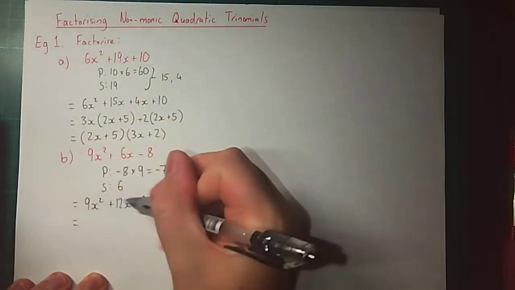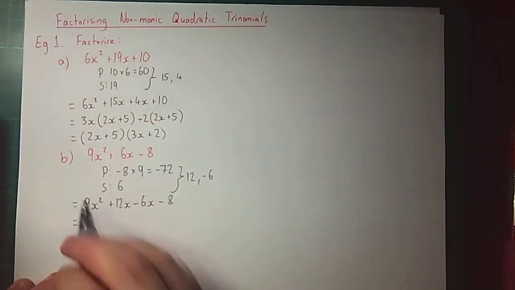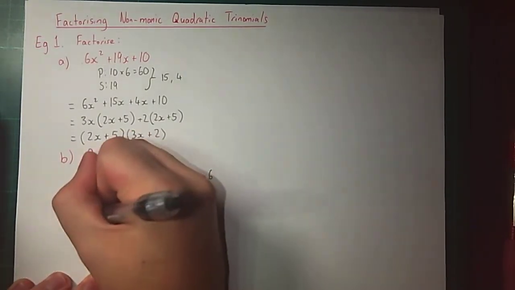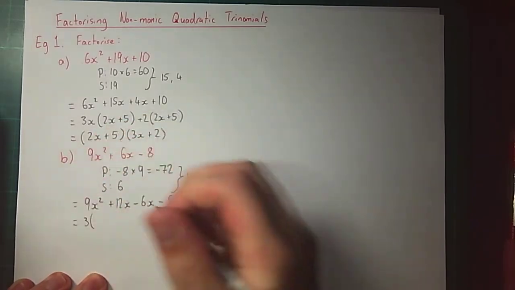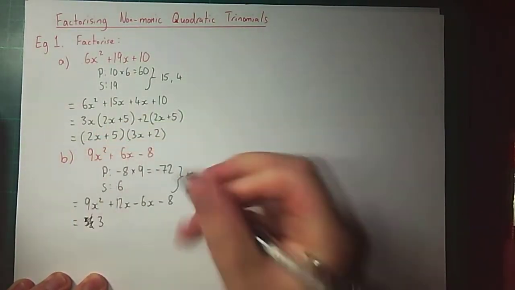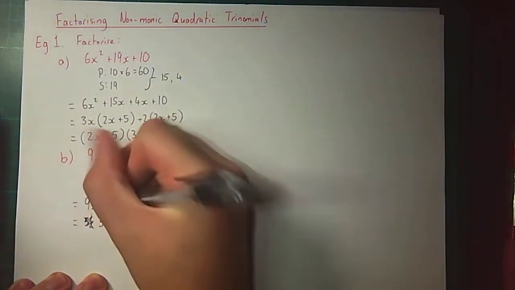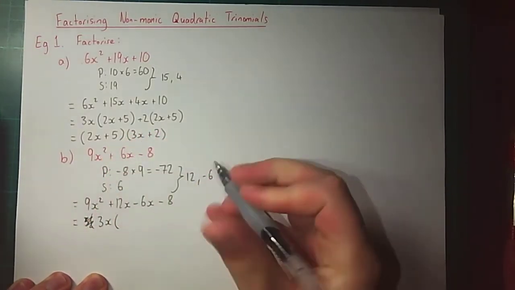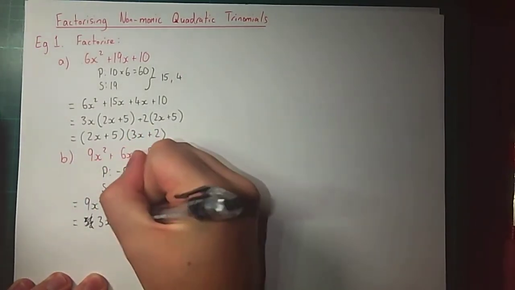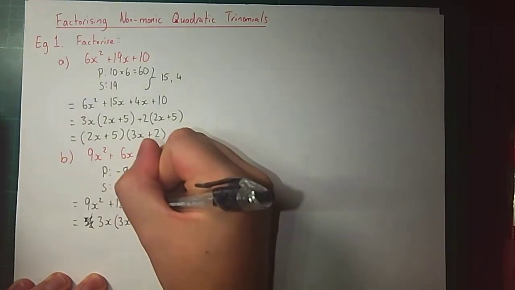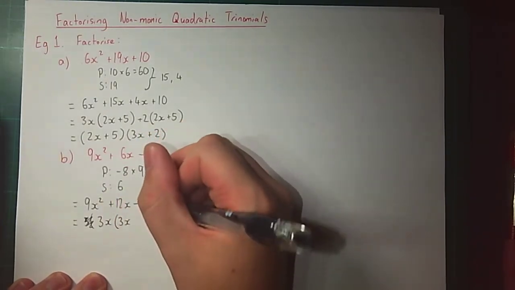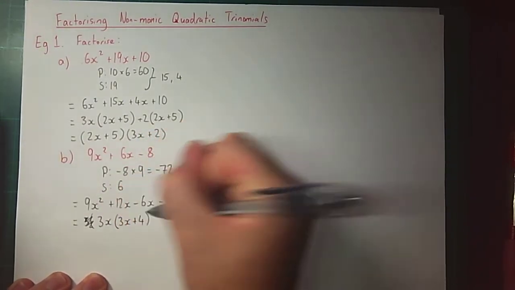We've got 9x squared plus 12x. For the number in front, we've got a common factor of 3, and then we've got a common factor of x as well. Left over we have a 3x, and left over here we have just a positive 4.